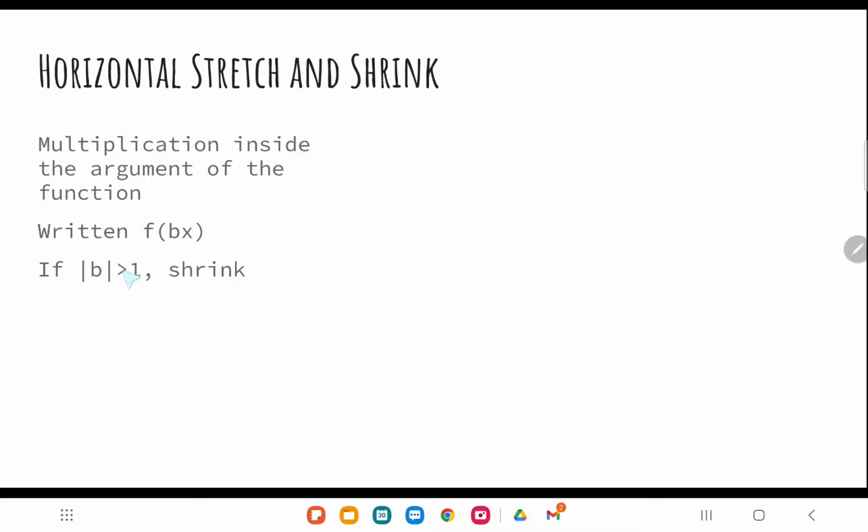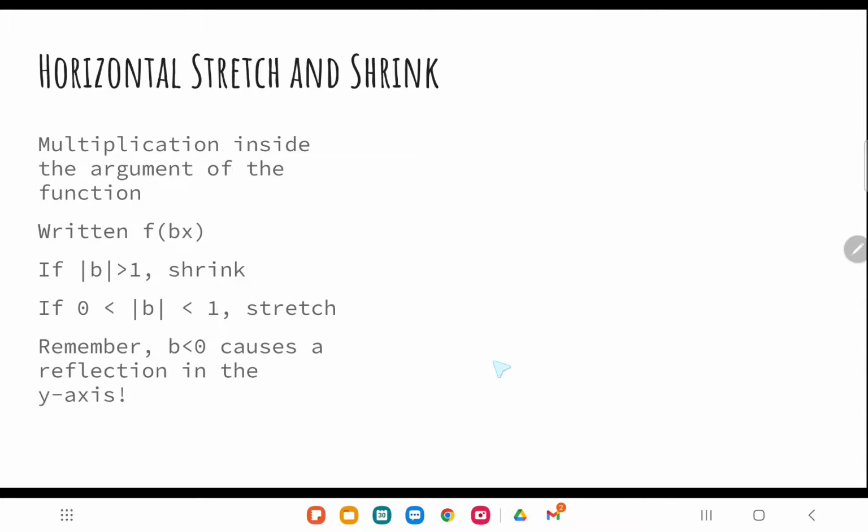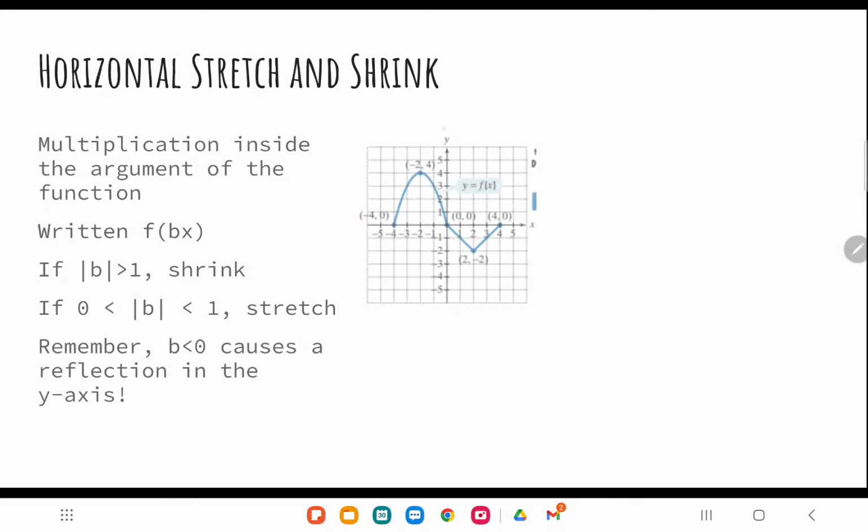If the absolute value of b is greater than 1, this is going to be a horizontal shrinking. And if the absolute value of b is in between 0 and 1, it will be a horizontal stretching. Let's look at some examples. And again, a reminder that b less than 0 causes a reflection in the y-axis.